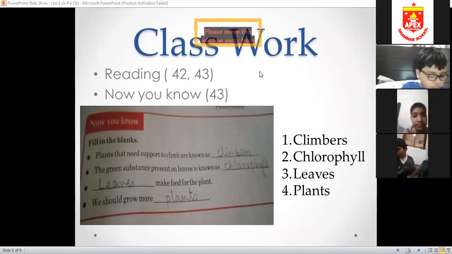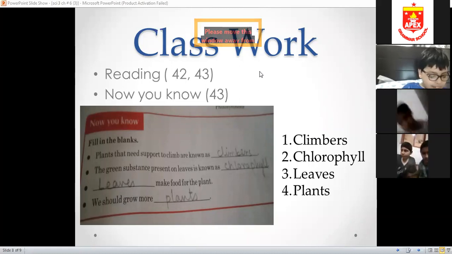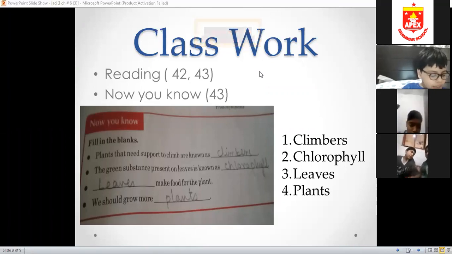Leaves have tiny pores called stomata. Air passes into the leaf through the stomata.